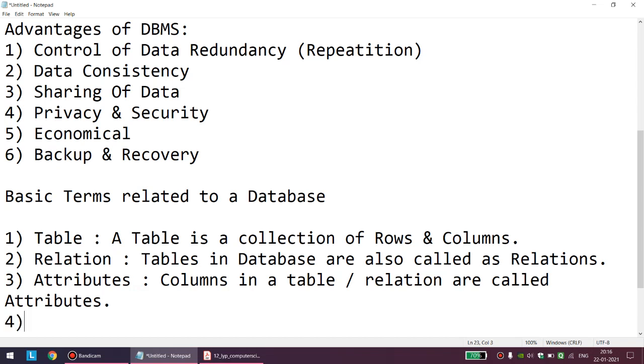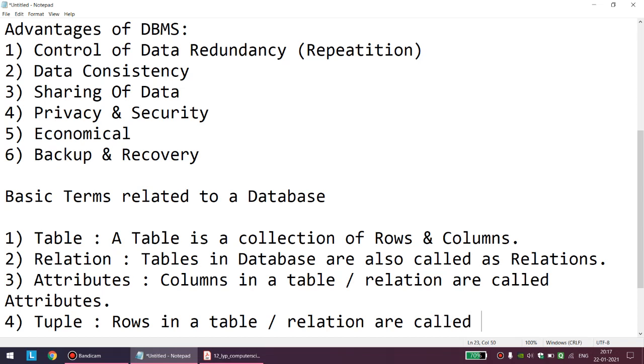Now kindly do not get confused with Python. This is different. Rows in a table or relation are called tuples. This is not the tuple of Python, although the names are the same. Please do not get confused.